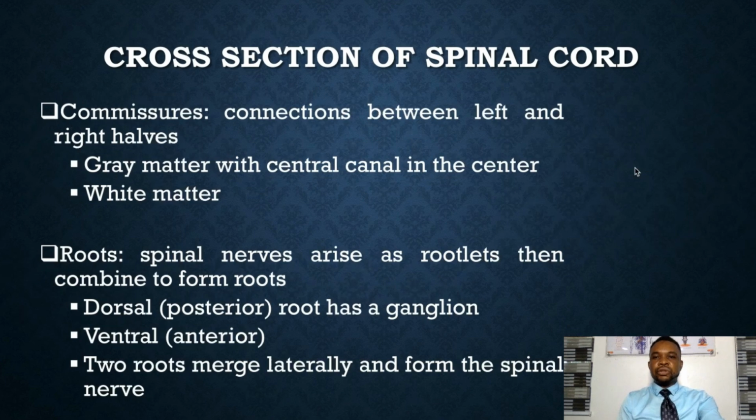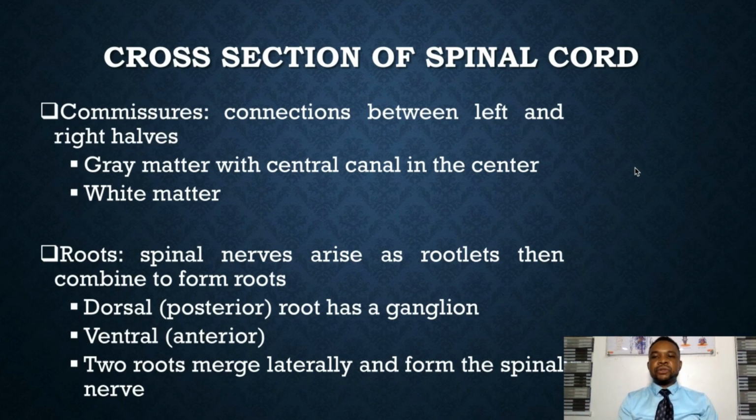It is important to note that connection between the left and right halves of the spinal cord is possible through what we call the commissural fibers. The gray matter is centrally located, around the central canal, while the white matter is towards the outer surface.